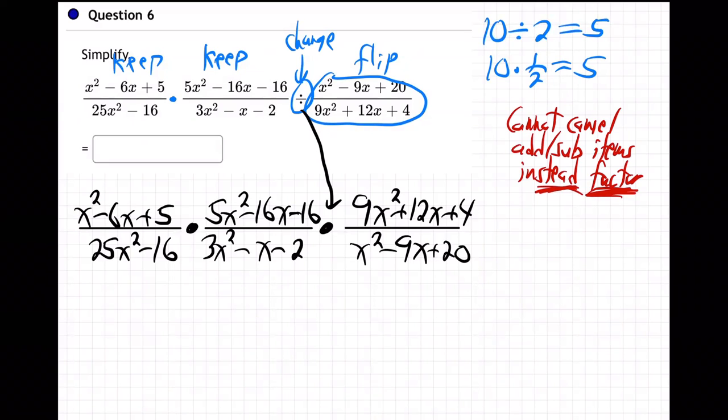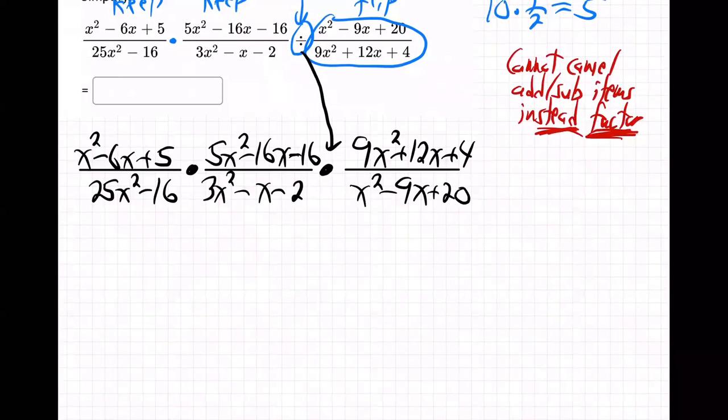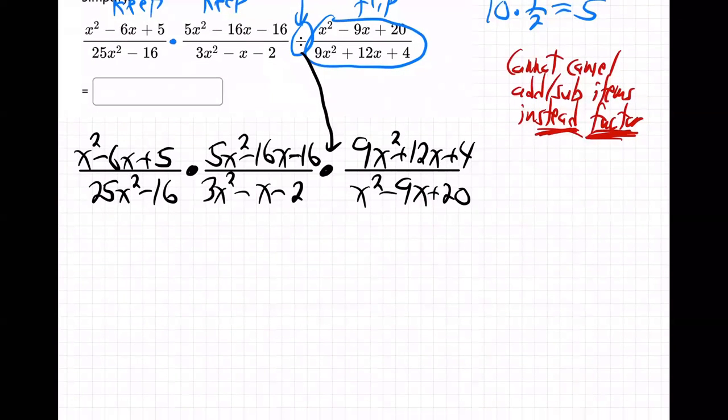Okay, so let's do it. So this means we're up for a lot of factoring here. Here we go. So let me bring these down again. All right. Now they're all multiplied because we flipped the one on the right. All right, so let's factor. So how do we factor?